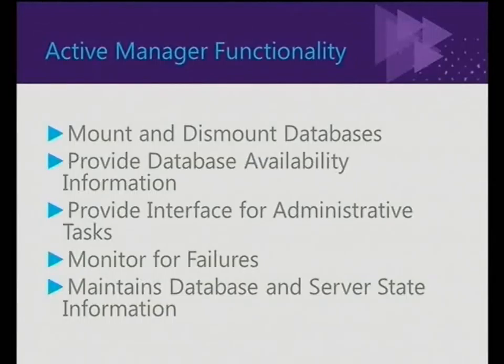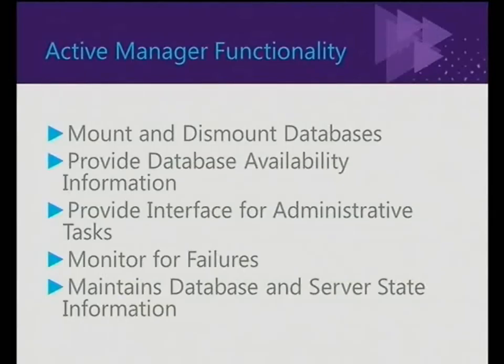That's going to translate into an ESE error. ESE is going to complain that I can't write to this database, I can't read from the database, I can't write to the log stream, I can't read from the log stream. And ESE is going to complain in the form of Crimson Channel event logs. Active Manager sees those Crimson Channel event logs and takes corrective action as a result of it. Okay, that's just one example.